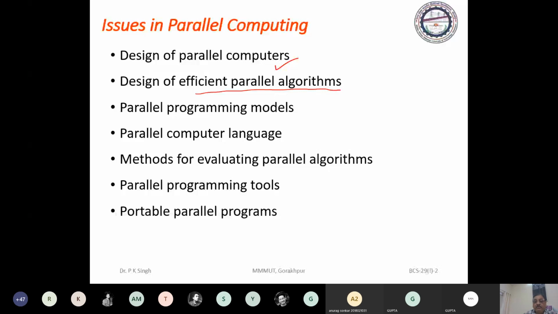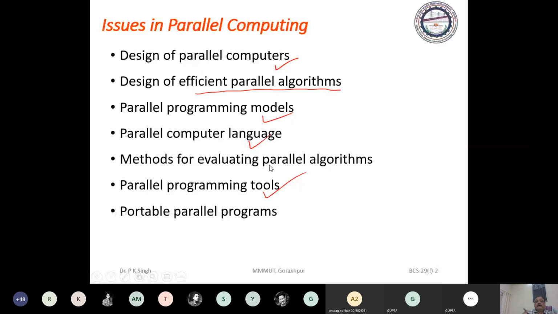We must have a method to evaluate the performance of the algorithm that we have applied on the machine that performs the parallel computing. We may use tools, and the portability of the program from one machine to another machine. These are the basic issues that we have to consider.